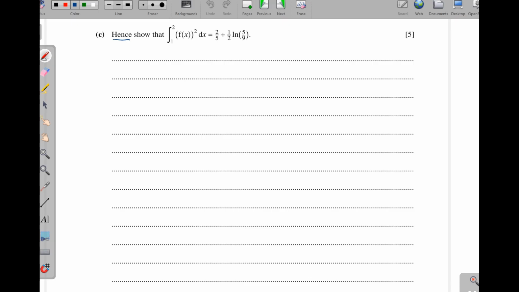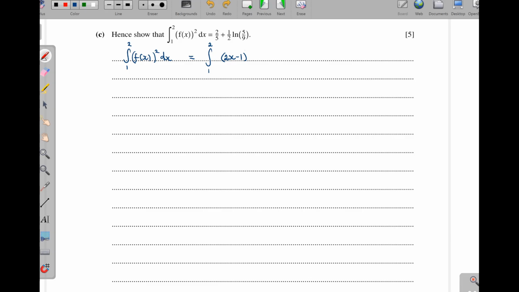Part C, hence meaning begin from where you have stopped. Show that when you integrate from 1 to 2 of this f of x squared with respect to x, we get this. Okay, so when we integrate this f of x squared with respect to x, of course it is from 1 to 2, we are integrating 1 over 2x, this one, it was like this, then squared.